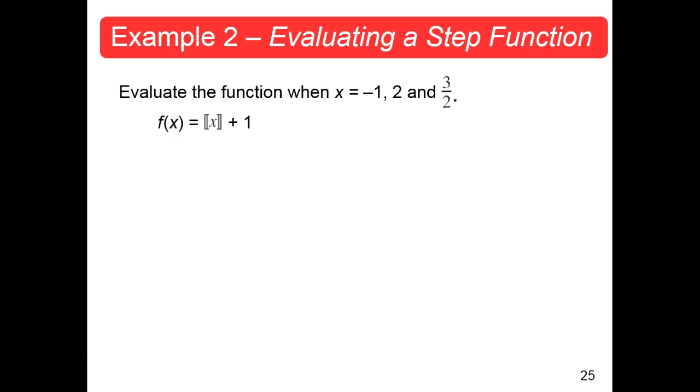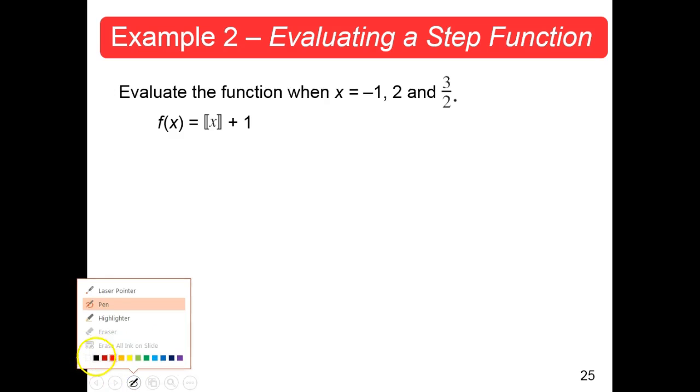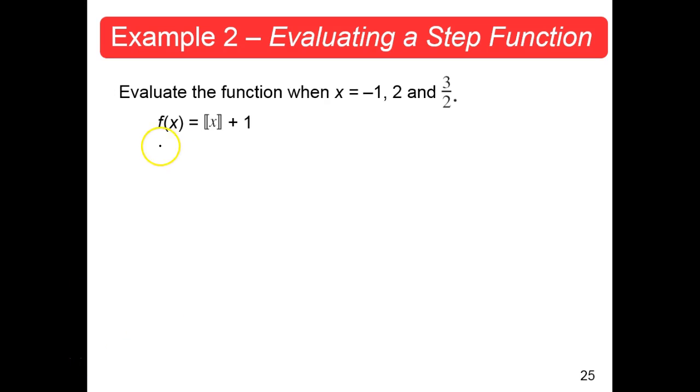Now, here's example 2. Evaluate the function when x is equal to -1. Okay, and then the other two. So let me get my pen set up. All right. So f of -1 would be the greatest integer in -1 plus 1. What's the greatest integer in -1?